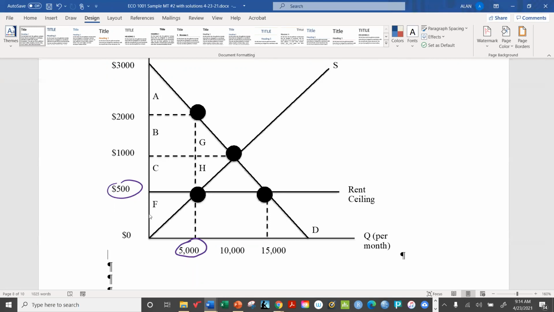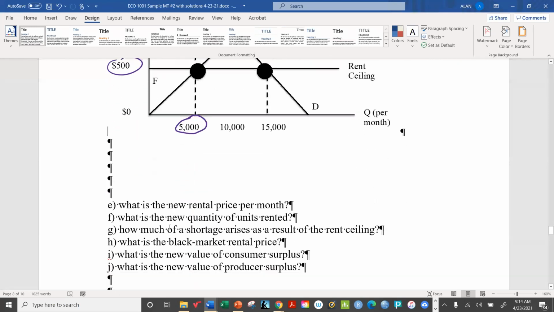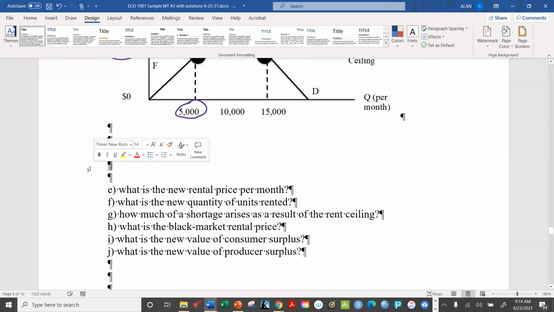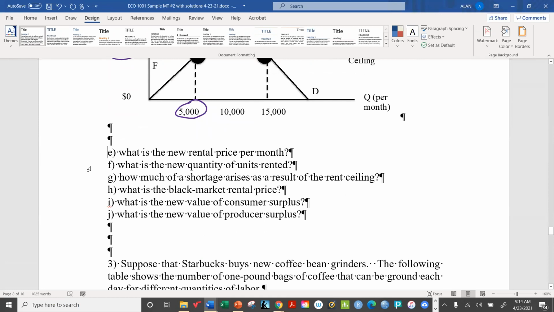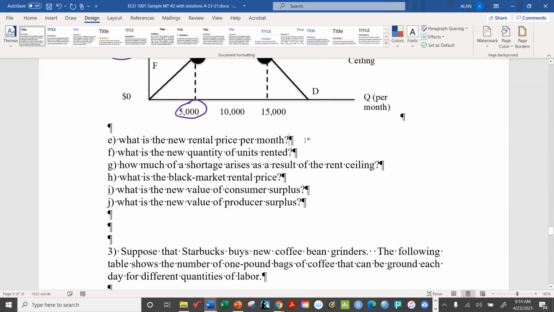So the new rental price is 500, and the quantity is 5,000.